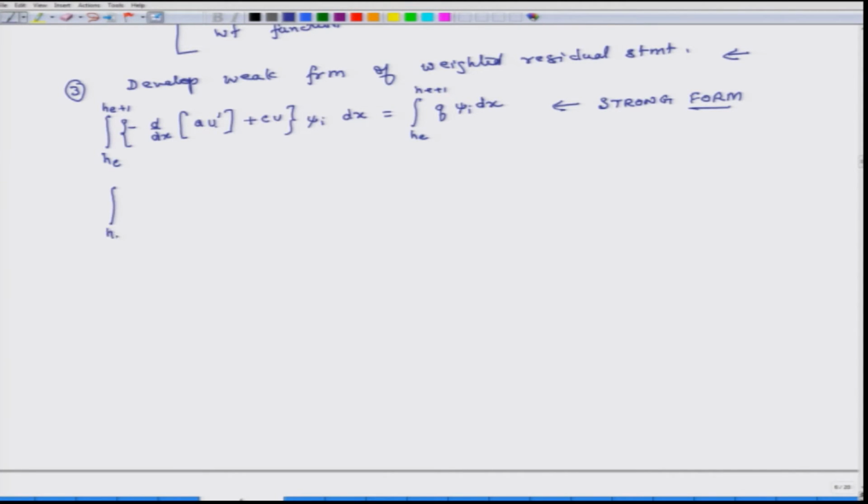So, what I get is the integral from x_e to x_e+1 of d psi_i over dx times A du over dx plus c u psi_i dx is equal to q psi_i dx integrated over the domain of the element, and plus I get some extra boundary terms.